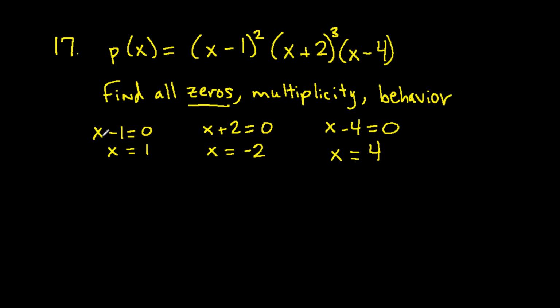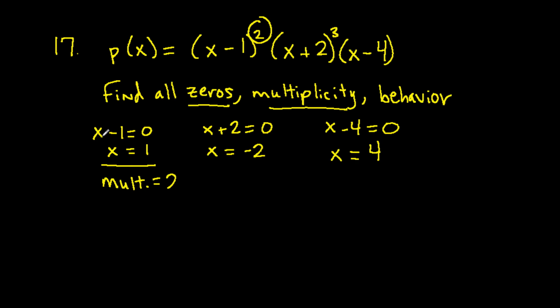We just need to find out their multiplicity. Now, multiplicity means how many of those zeros did we get? And we can find that out by the exponent. So this is really x minus 1 times x minus 1, if we have x minus 1 to the power 2. So that means if we set both of those equal to 0, we would get this zero, x equals 1.